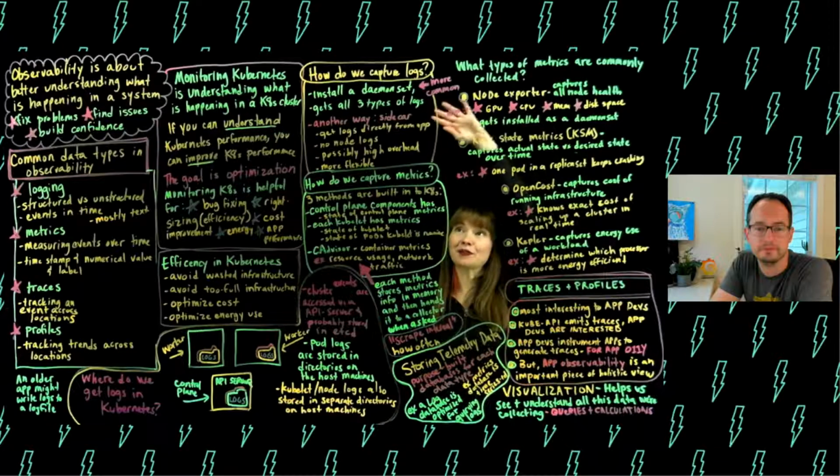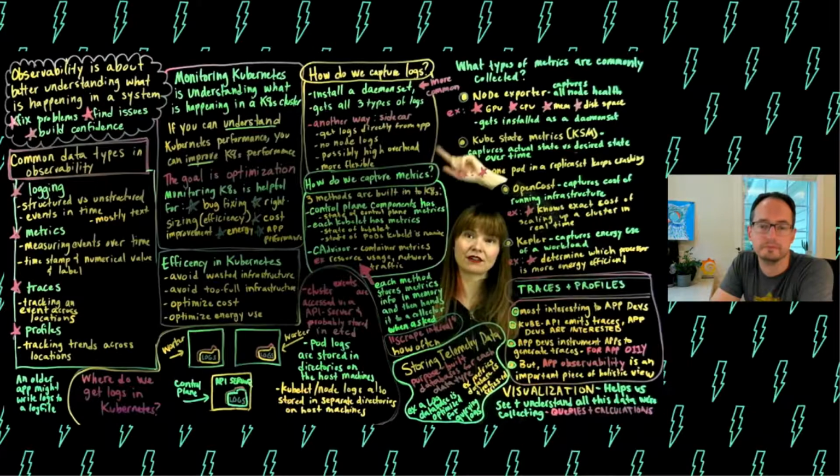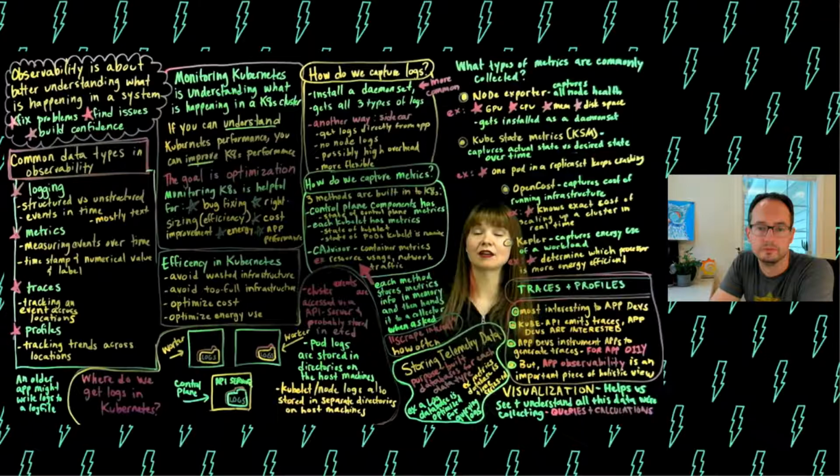So how do we capture those logs? The most common way is to install a daemon set that gets all three types of logs. Another way is to add sidecars, and the sidecars are running alongside all of your workload containers, right? All of your applications. So the sidecar will get logs directly from applications, but you don't get node logs in that way.